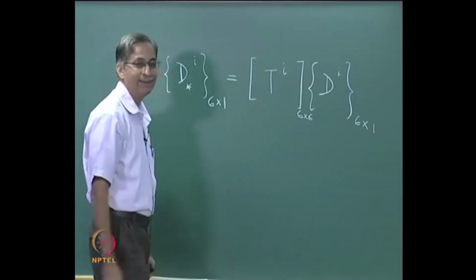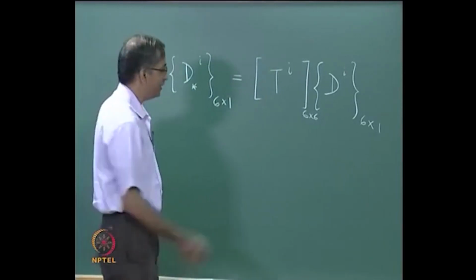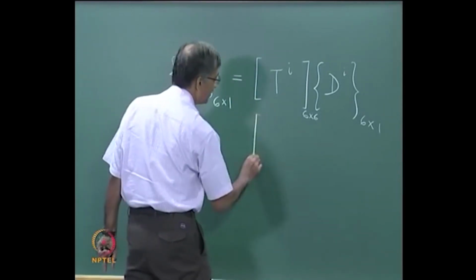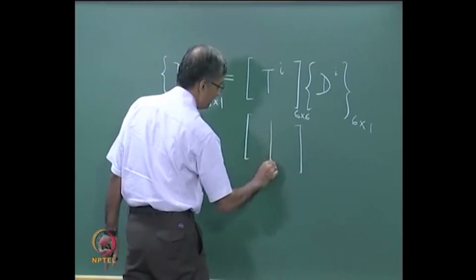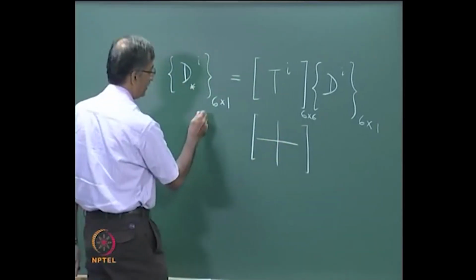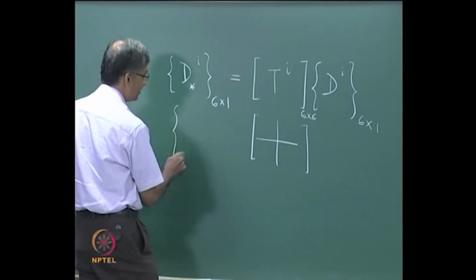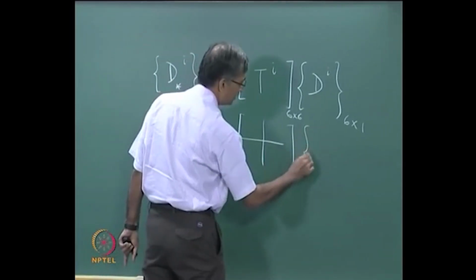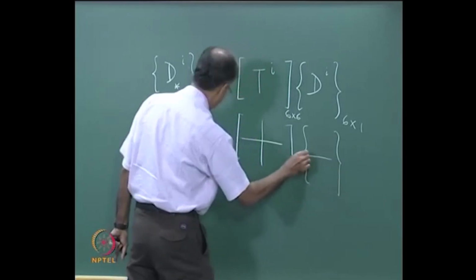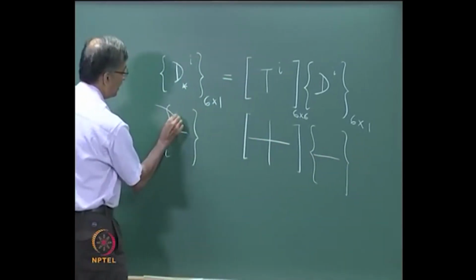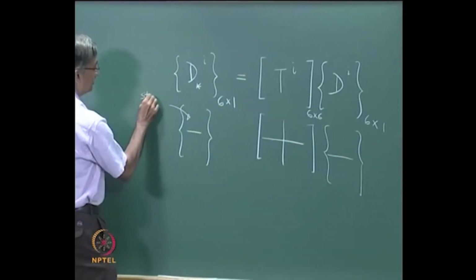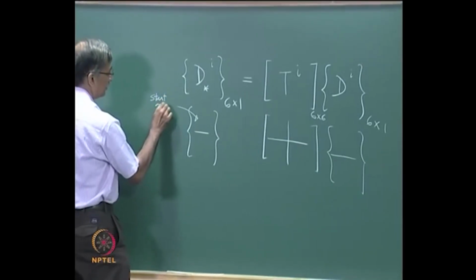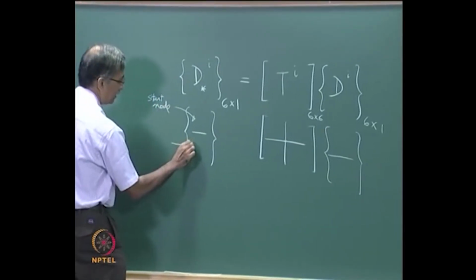This matrix will look like this. Even this you can partition, this you can partition. This belongs to the start node, this belongs to the end node.